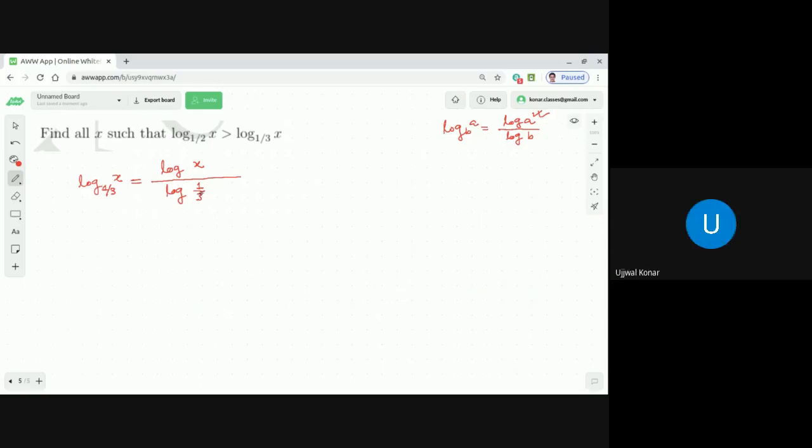As I can keep any base, I give the base as 1 by 2, dear students. Correct, no? So what we are going to get is log of 1 by 3.